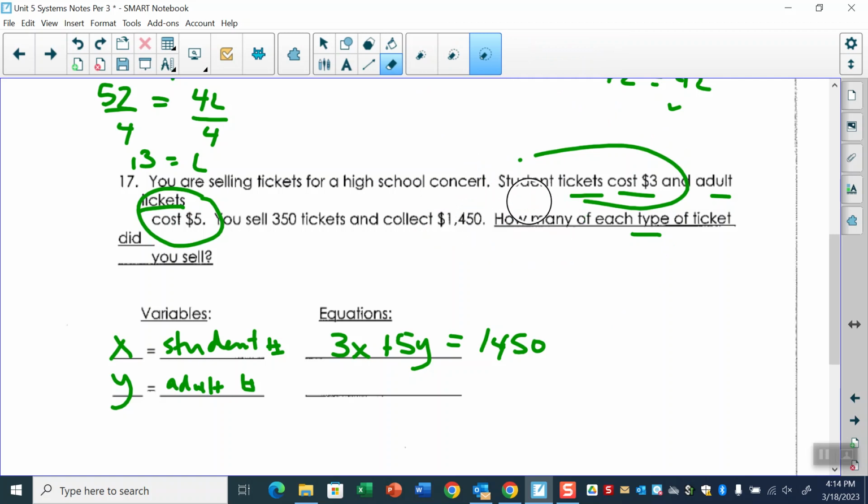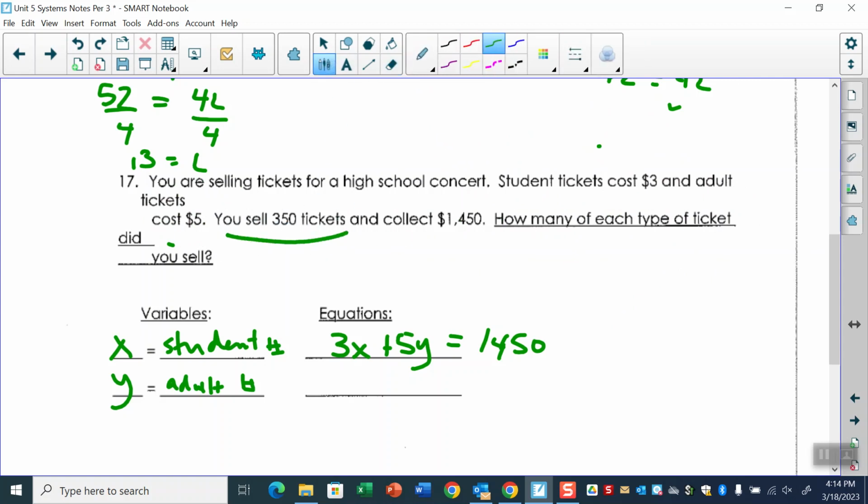And then the last thing is, we need another equation. The last thing is that we sold a total of 350 tickets, right? So x plus y, adults and students, adds up to 350.